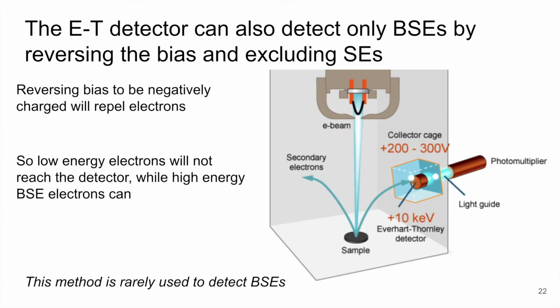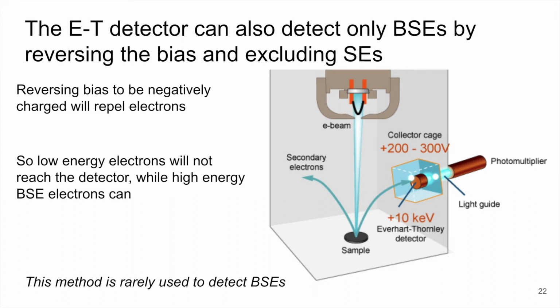All right, so let's see how we can use that Everhart Thornley detector to detect backscattered electrons. If you think back to that Faraday or collector cage, that was set to positive voltage to attract the relatively low energy secondary electrons, right?